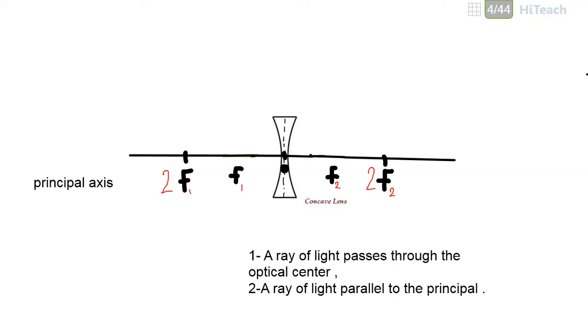As we mentioned, it doesn't matter where you put the object, because for concave lenses anywhere will give the same property for the image. Now this is the object. I'll put it, for example, here at this point. The arrow here at the top represents the top of the object.